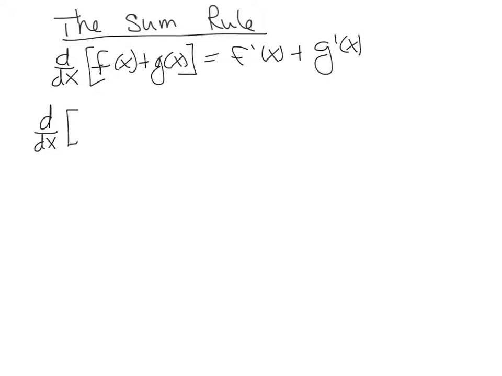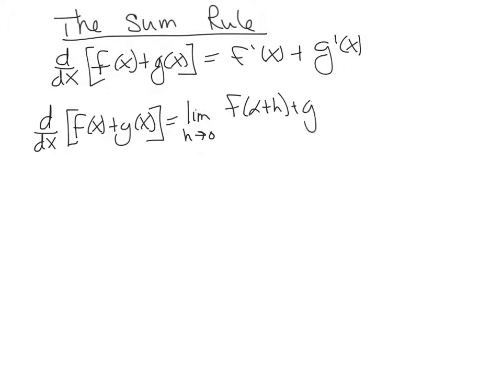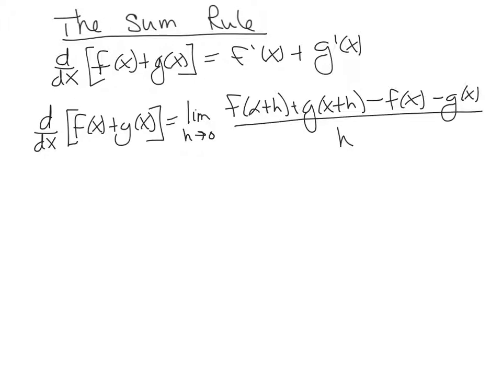So we've got the derivative of f of x plus g of x. That would be the limit as h approaches 0 of f of x plus h plus g of x plus h minus f of x minus g of x, all over h.